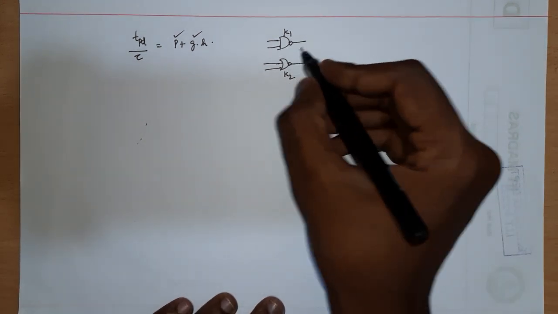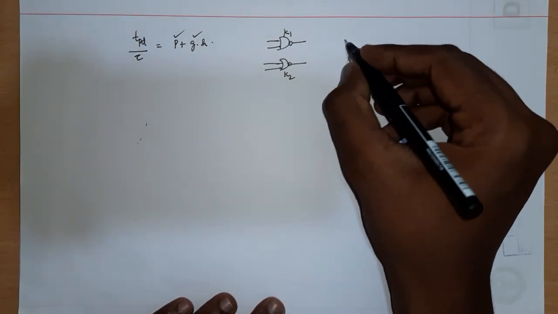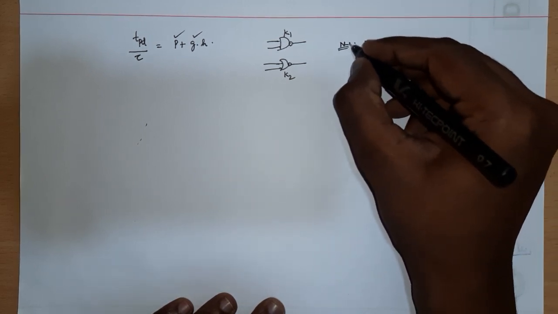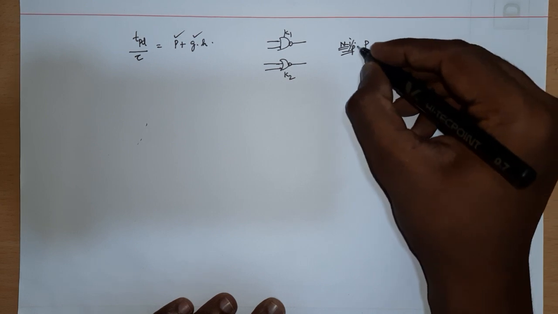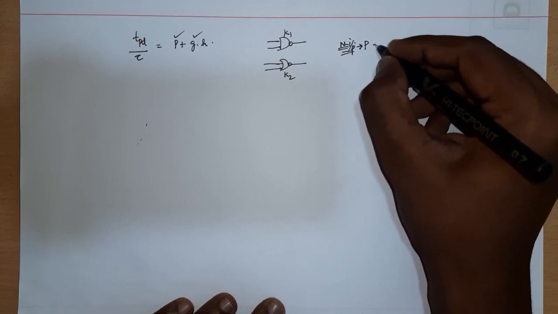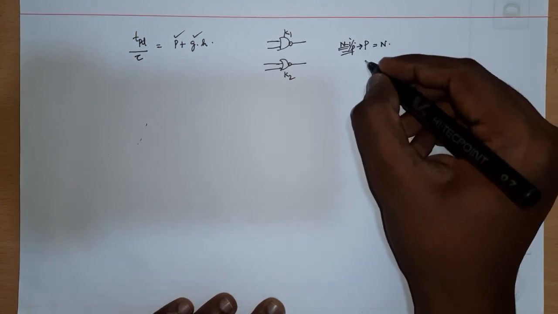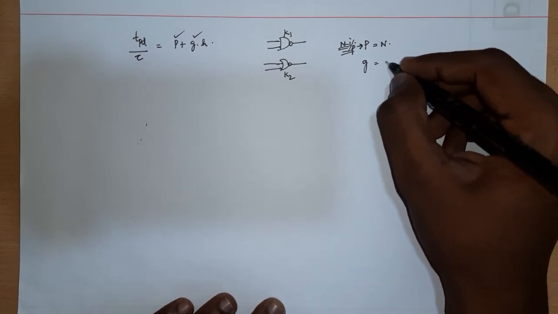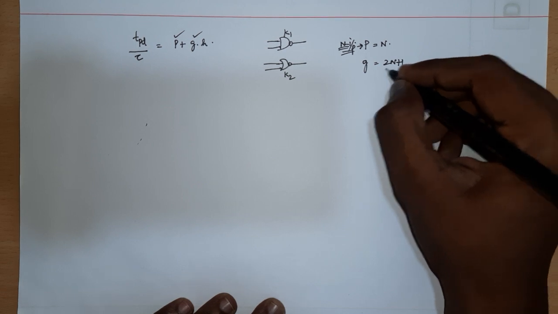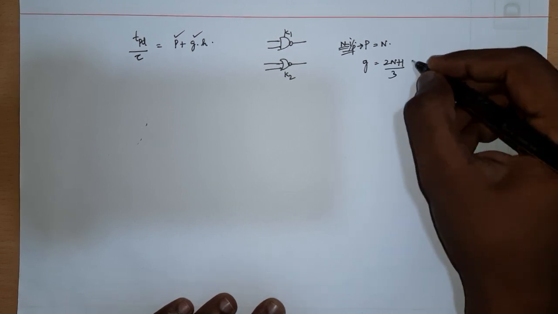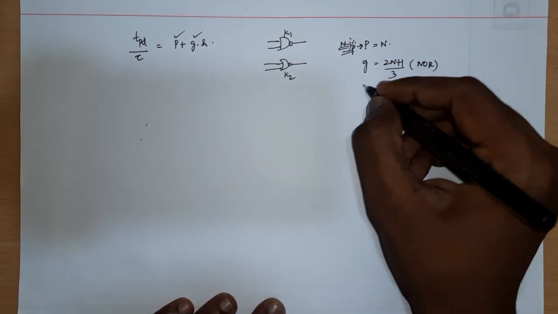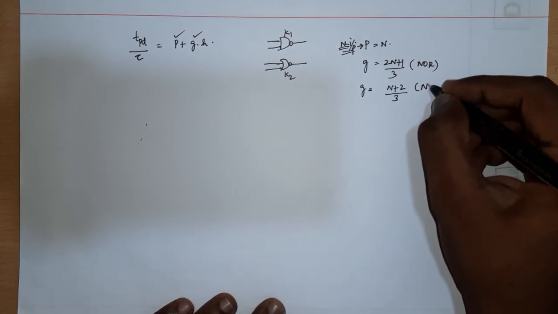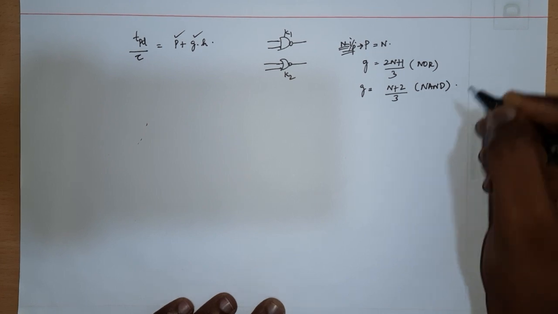If I specify the number of inputs, then for the n input case, we have figured out that the parasitic effort for both the gates is equal to n, and the logical effort is equal to 2n plus 1 by 3 for the NOR gate, and n plus 2 by 3 for the NAND gate. This is what we had done, right?